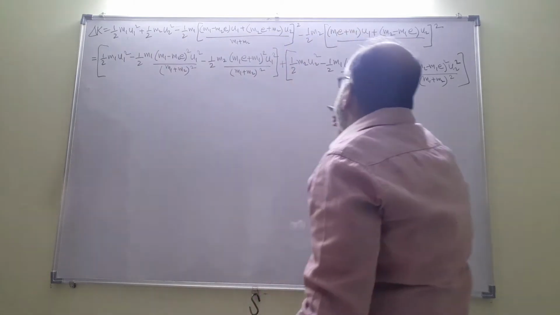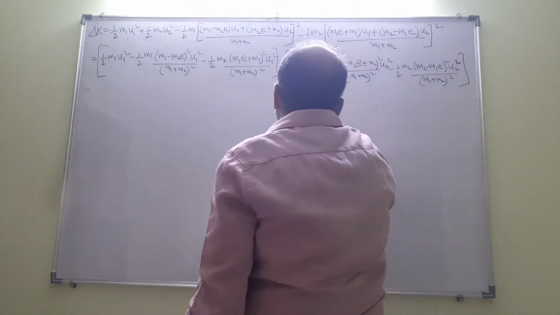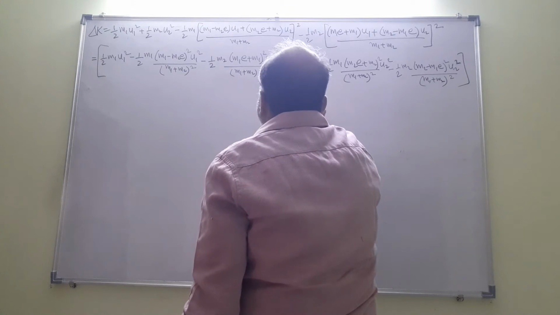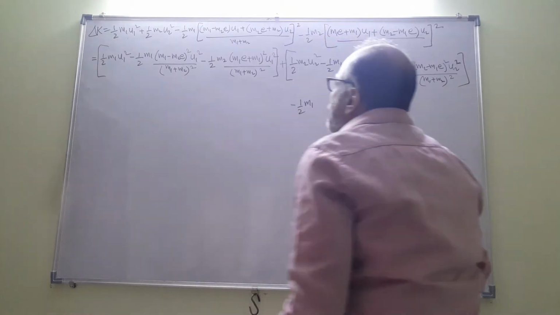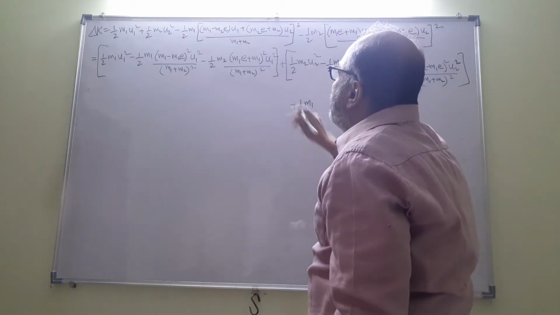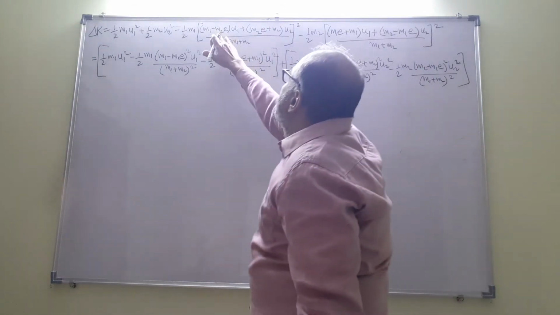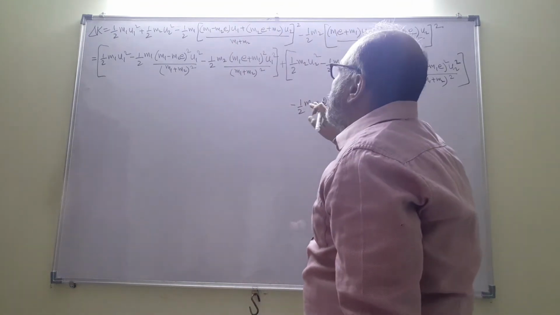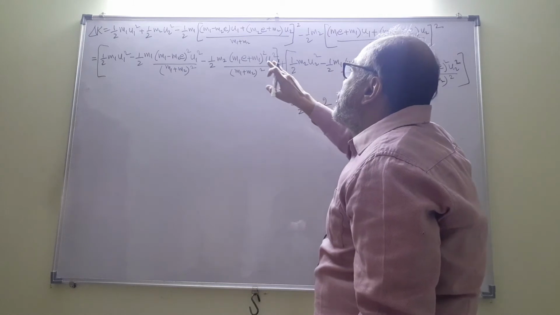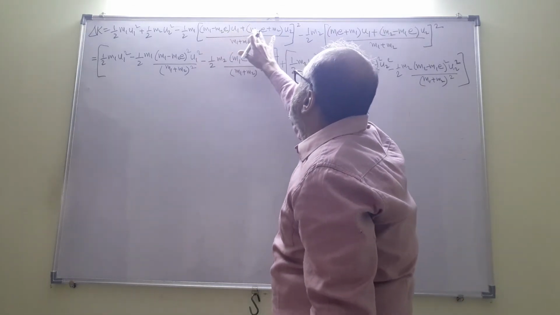So you will have minus half m1 into, a plus b the whole squared is a squared plus b squared plus 2ab, so 2 into this into this.